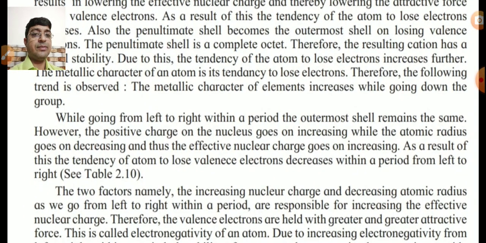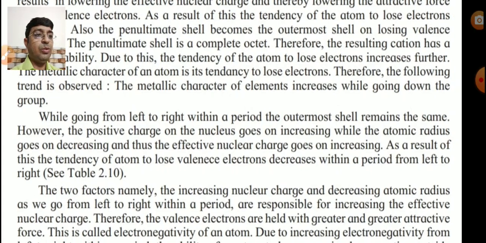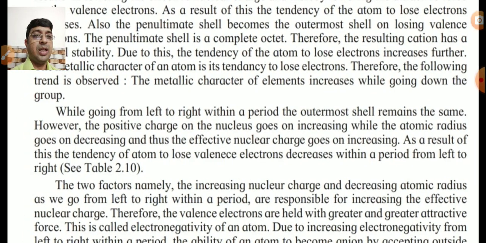Now, as per the period wise, while going from left to right within a period, the outermost shell remains the same. However, the positive charge on the nucleus goes on increasing while the atomic radius goes on decreasing, and thus the effective nuclear charge goes on increasing.